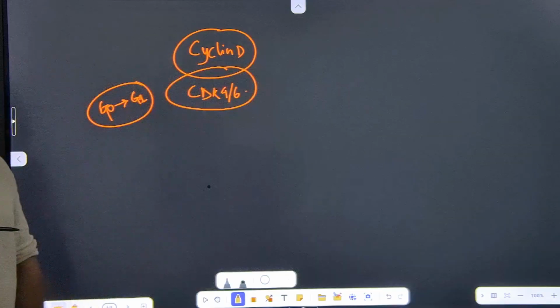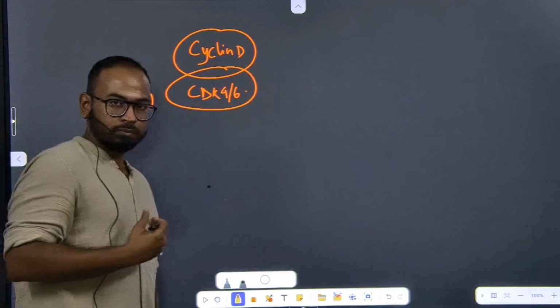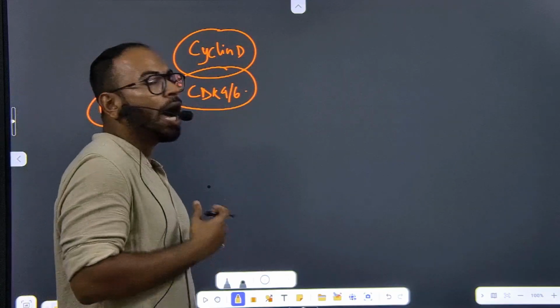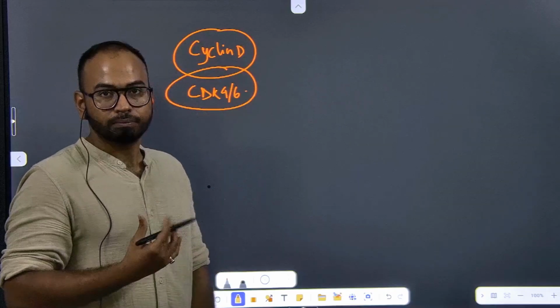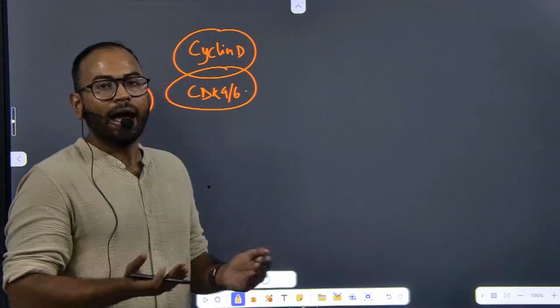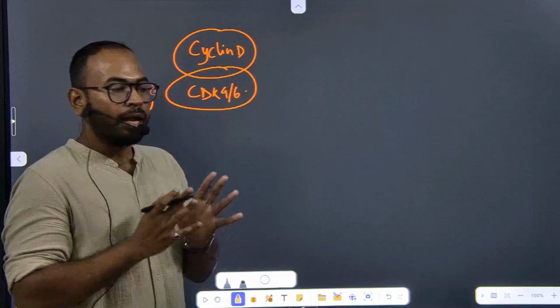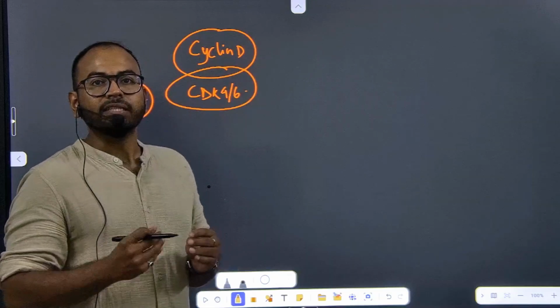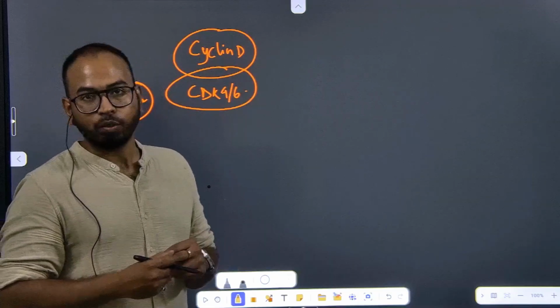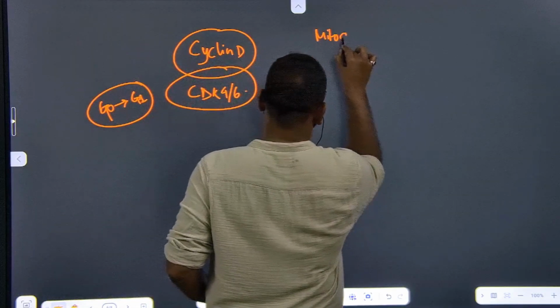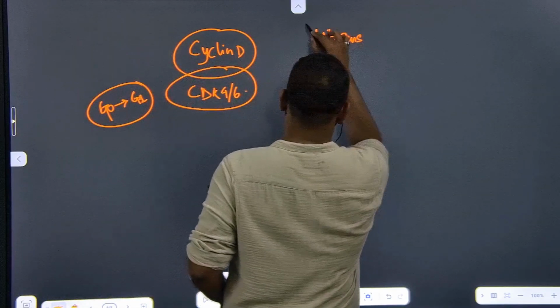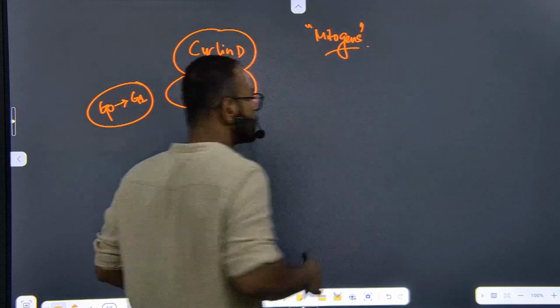Now, this kind of co-association, how are they formed? Suppose we have a medium and we are supplementing it with certain growth factors or mitogens. We are applying mitogens into the medium.